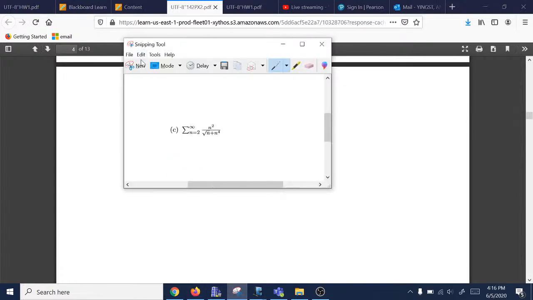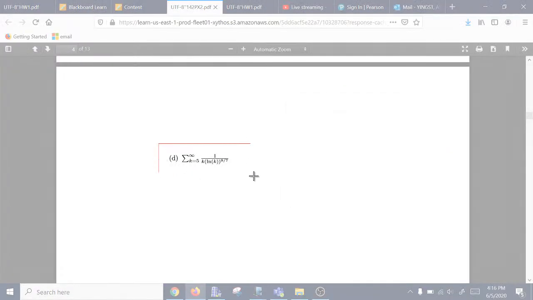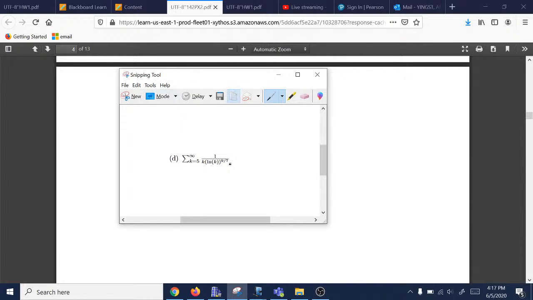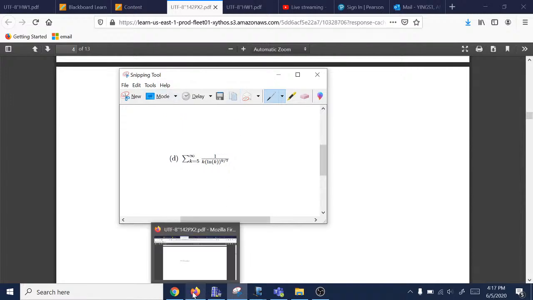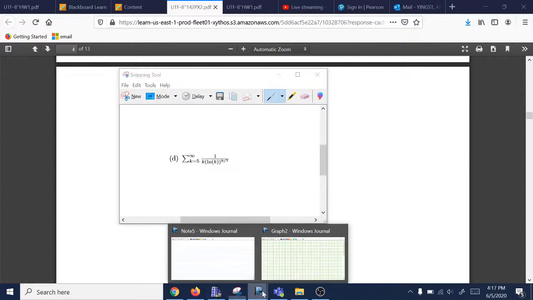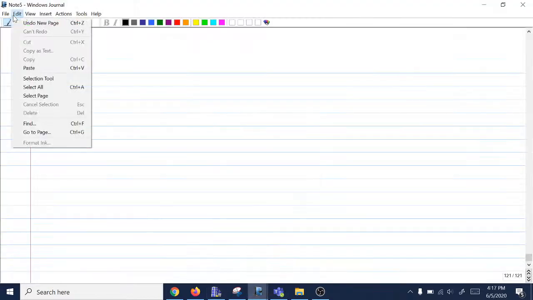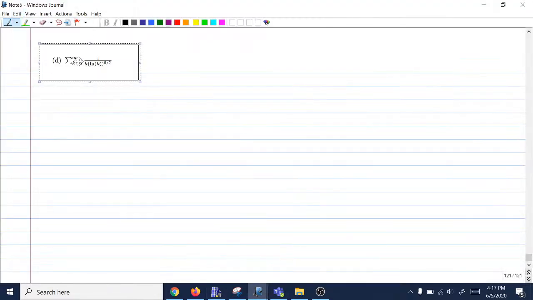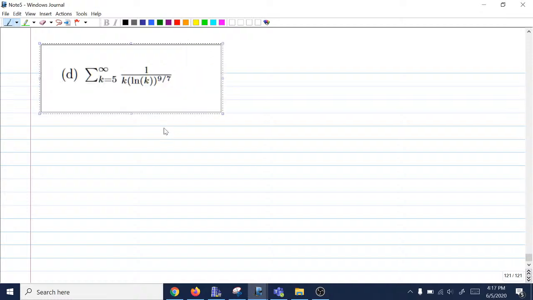Ew. This is one of these cases where I think we're going to have to use the integral test. Yeah, hopefully you've done enough problems that you've seen this.